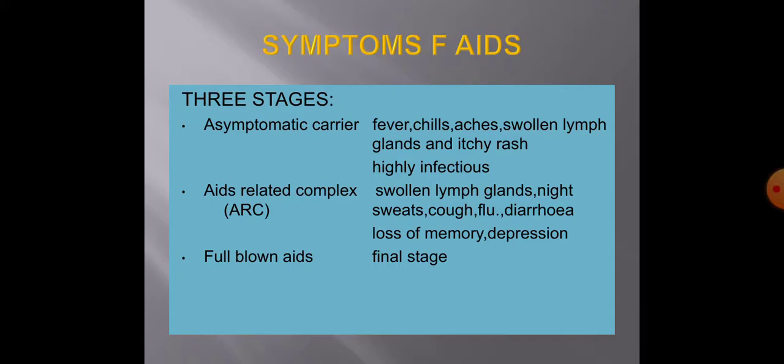The last or final stage is full-blown AIDS. During this stage, there is severe weight loss and weakness due to persistent diarrhea, and usually one of several opportunistic diseases may attack the patient.